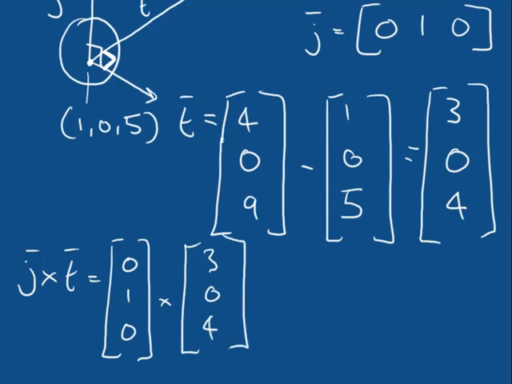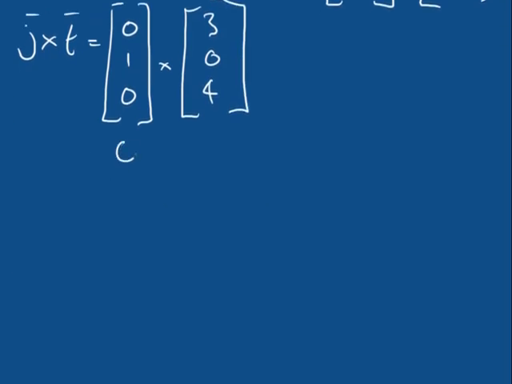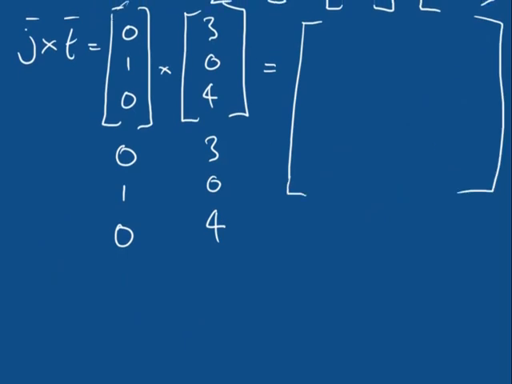3, 0, 4, fantastic. And if we follow our visual aid here, I write another copy below our existing vectors, and then for the first component of our result, I take the first row of numbers and I put a cross through it. There we go. I'm interested in the next 2 rows of numbers beneath that.